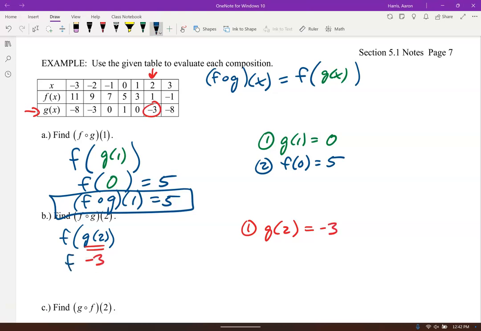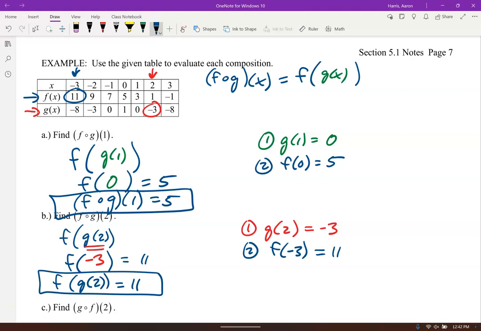So now, number 2, what's f of negative 3? Here's an f function. If negative 3 is the input, f of negative 3 is 11. So f of g of 2 equals 11.